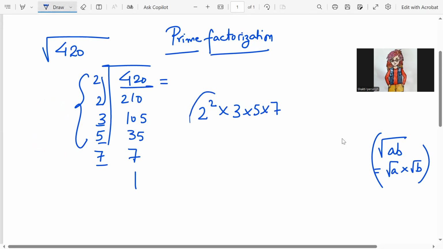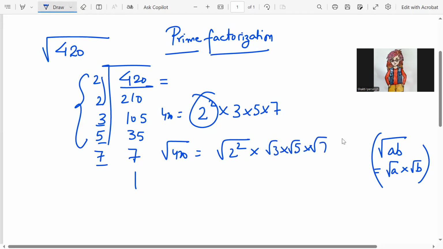The only perfect square I managed to get is 2 square. So this is equal to 420. So when I take a root on both the sides, I'm going to get a root of 2 square times the root of 3 times the root of 5 times the root of 7. Now root 2 square is that number which when squared gives 2 squared. That has to be 2.